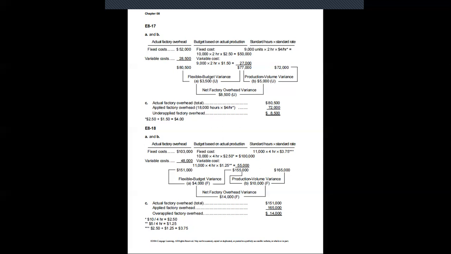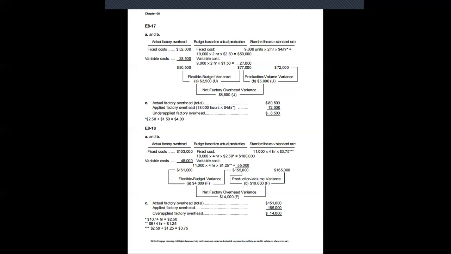Then for the standard hours times standard rate, it is 11,000 times 4 hours per unit times 3.75, the sum of 2.50 and 1.25. So we now get 165,000.